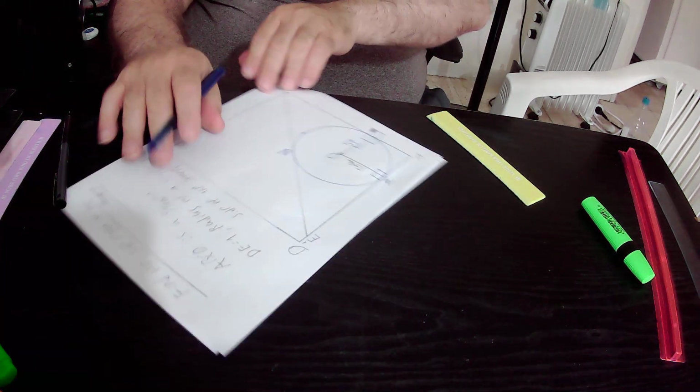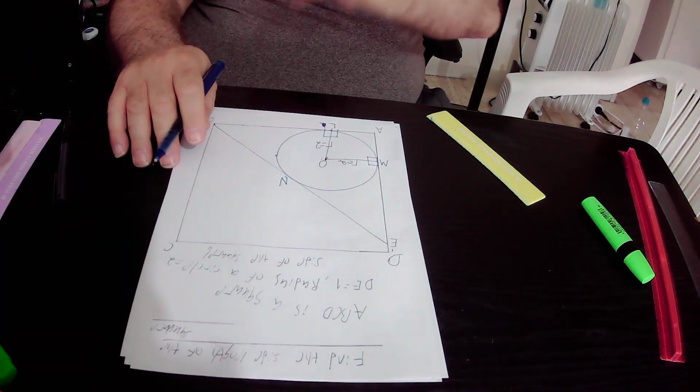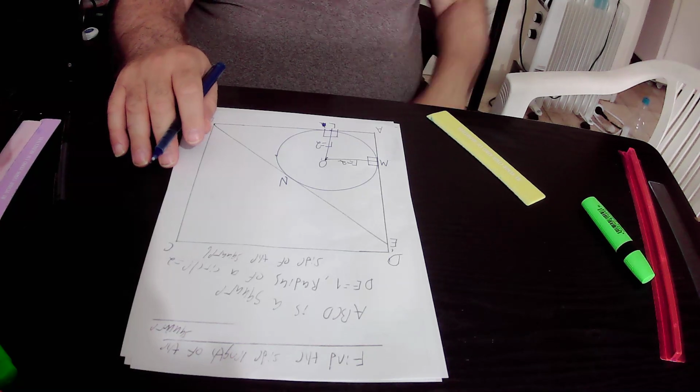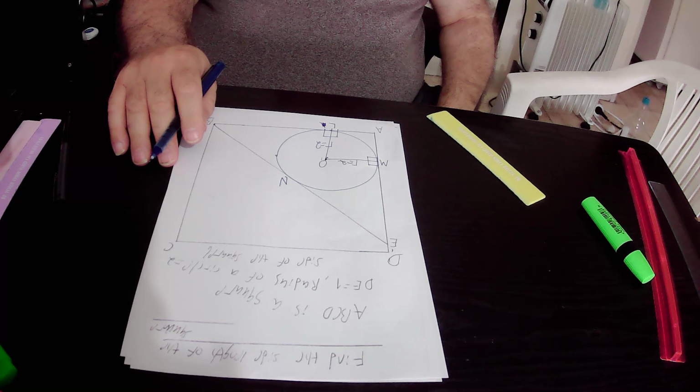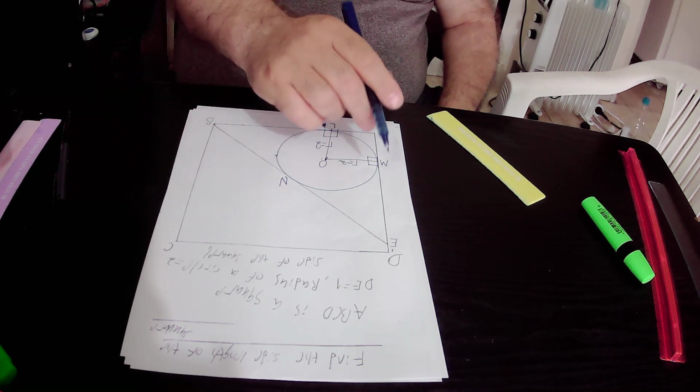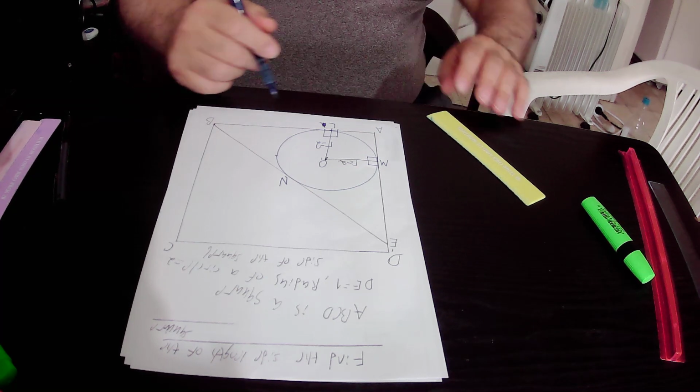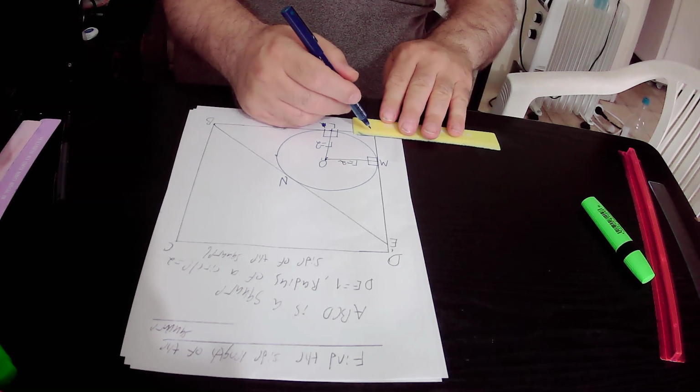Here we know that ABCD is a square, and all the angles inside a square are right angles. So angle DAB will be equal to 90 degrees.